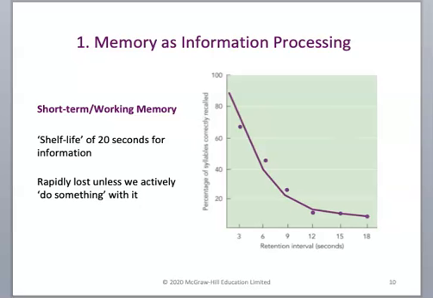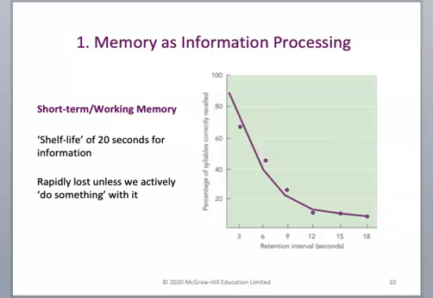This graph shows a very easy, simple experiment that they did. It shows the retention interval in seconds when participants in a particular study were given 3-letter syllables to remember, but they were not allowed to rehearse them, right?